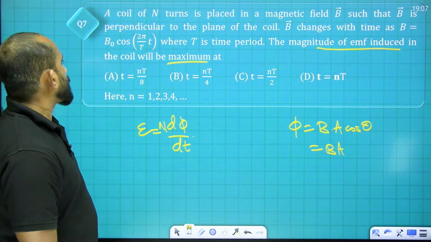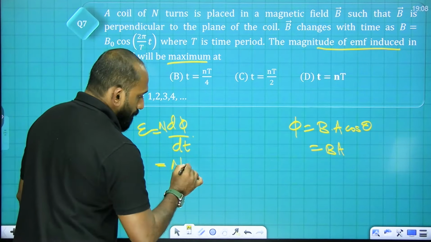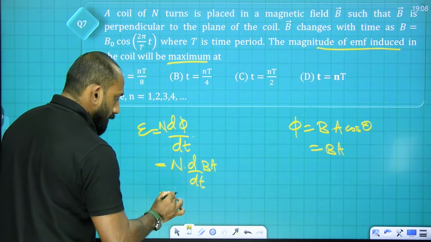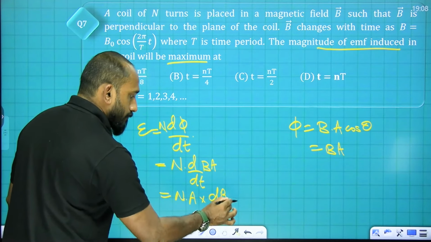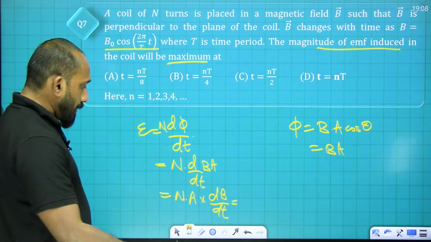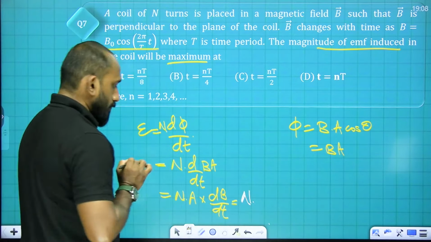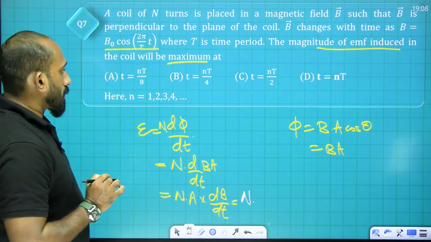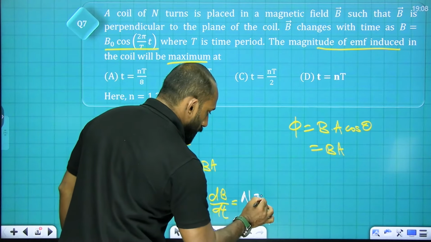So this will be equal to N into d phi by dt, which means d by dt of B into A. That is N into A into dB by dt. So for dB by dt, you have to differentiate this magnetic field. N into A, where A is the area of this coil, which will be pi r square.